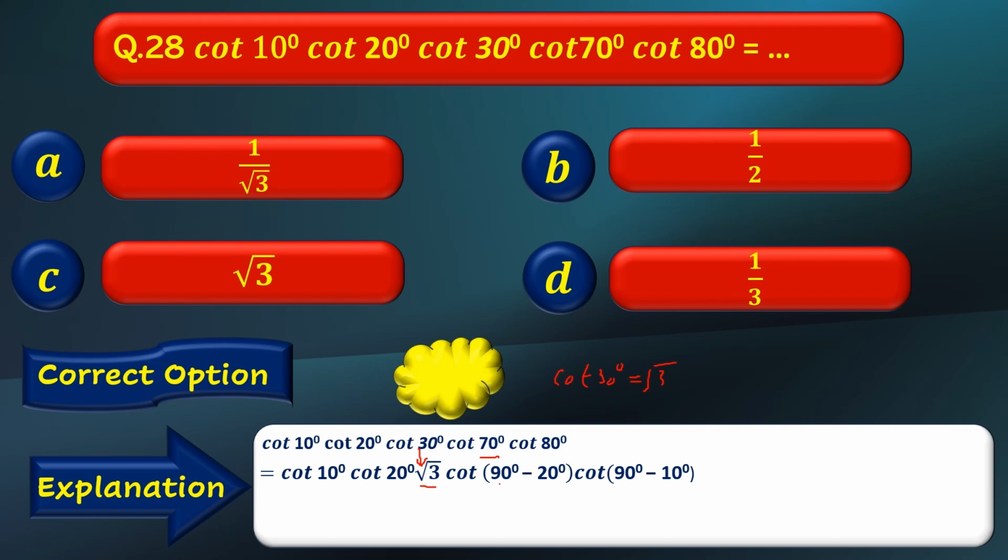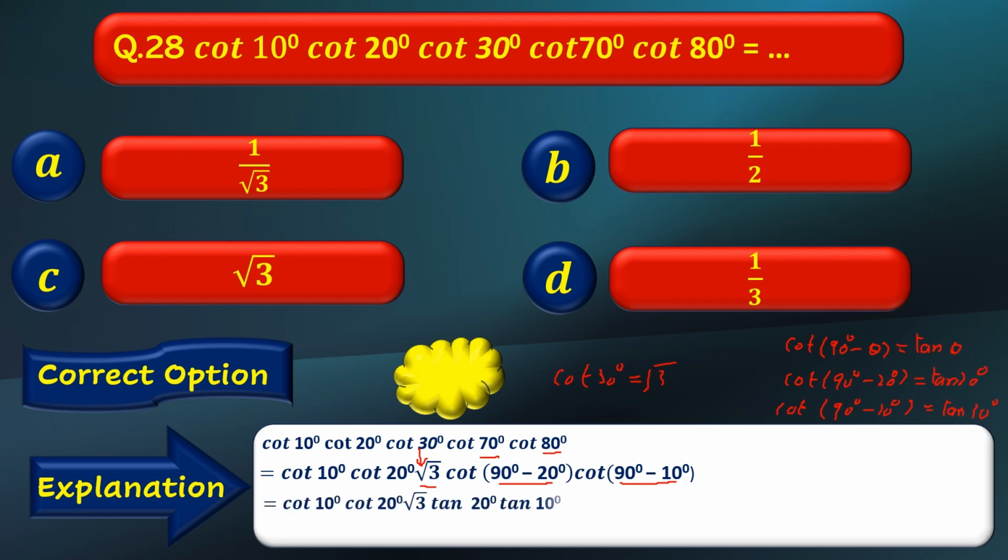70 degrees can be written as 90 degrees minus 20 degrees. 80 degrees can be written as 90 degrees minus 10 degrees, and we know that cotangent of 90 degrees minus theta is equal to tangent theta. Therefore, cotangent of 90 degrees minus 20 degrees will be equal to tangent 20 degrees. Likewise, cotangent 90 degrees minus 10 degrees will be equal to tangent 10 degrees. Therefore, the expression can be written as this.